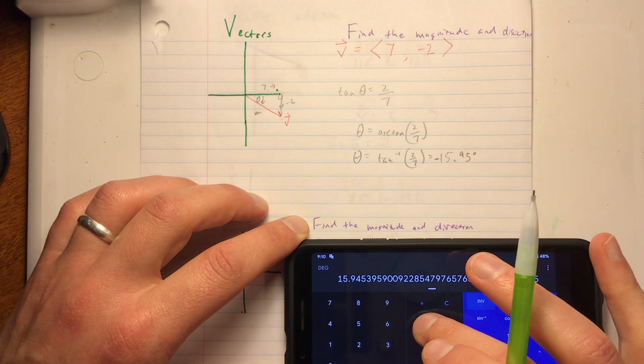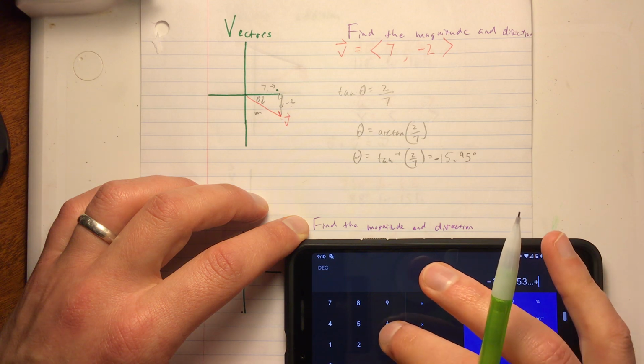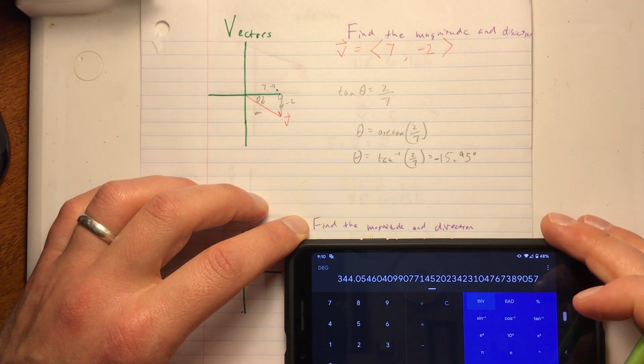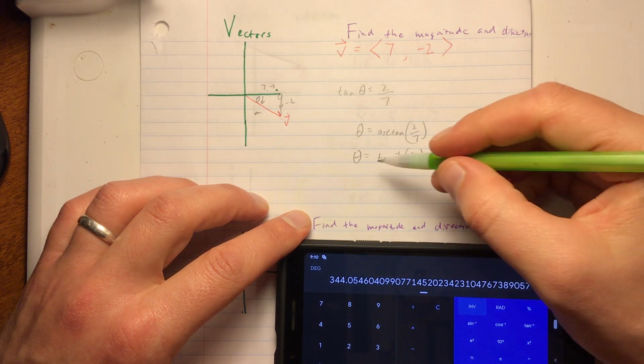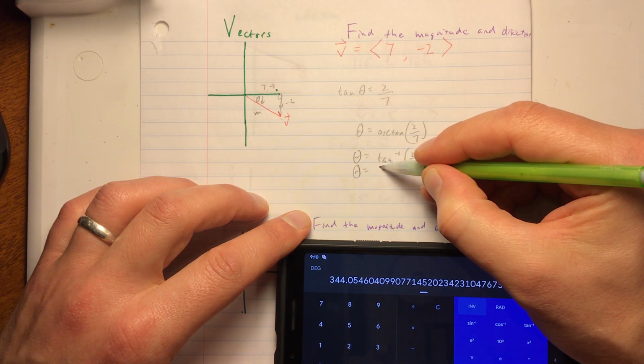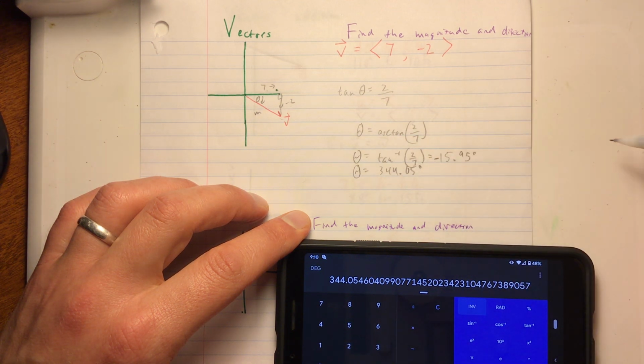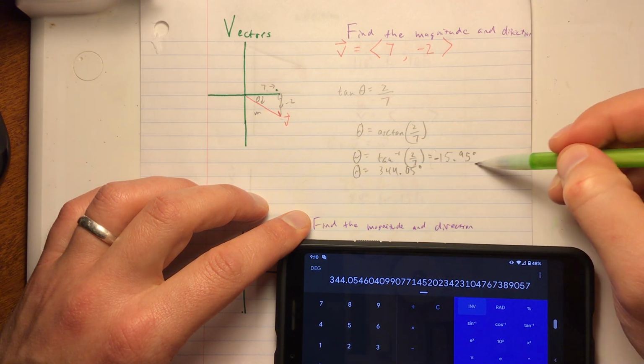360 degrees around will give you the positive angle. So let me take this times -1 just to make it negative first. If I add 360 degrees to it, 344 degrees. These are called coterminal angles. Either one works. We'll just go with this one for now.